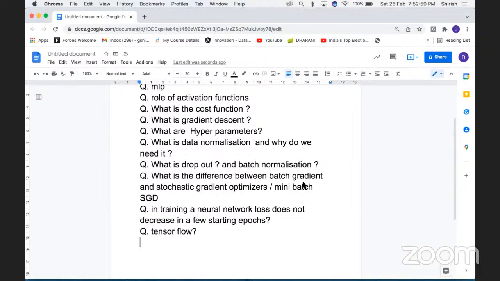What is a tensor actually? A tensor is nothing but a mathematical object where you represent data as an array of higher dimensions.